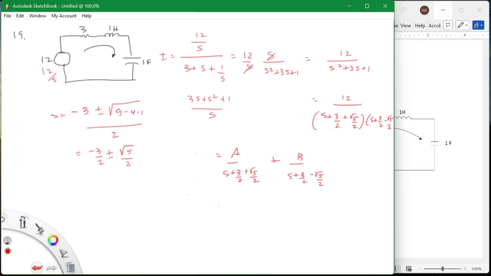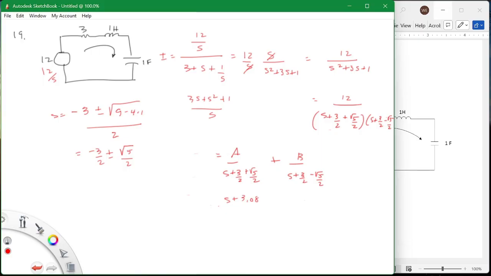I'm not going to try to mess around with this too much. I'm going to say 3/2 plus square root of 5 divided by 2 equals 3.08. So it's just s plus 3.08.